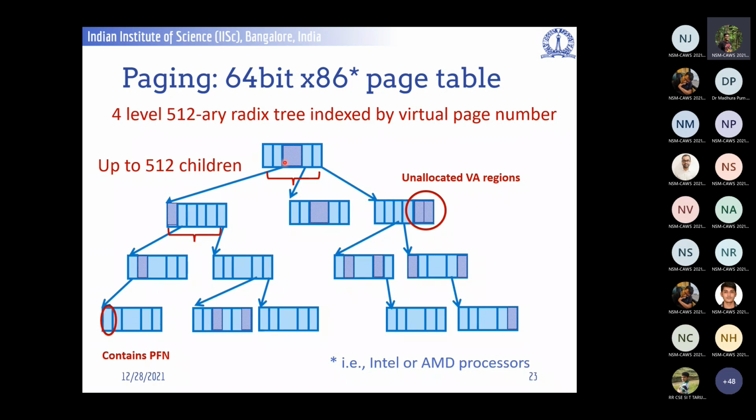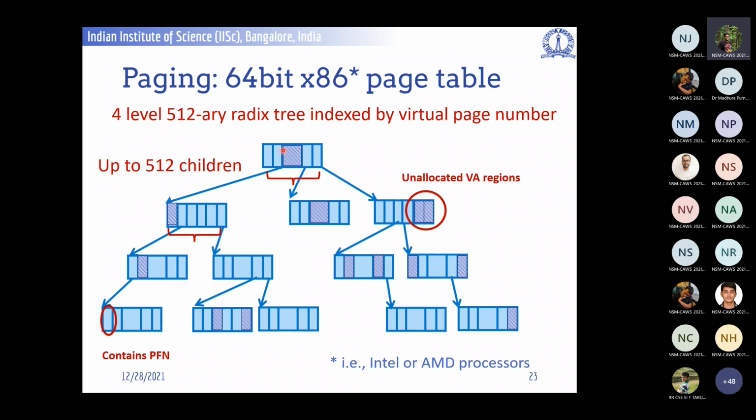Since you have broken up this 256 terabyte in 512 pieces, each of these pointers to the next level of node is representing 512 gigabyte of virtual address space.